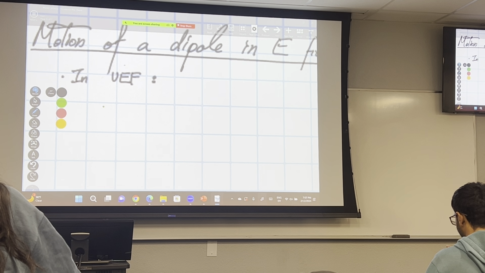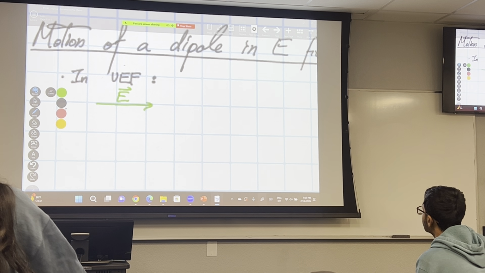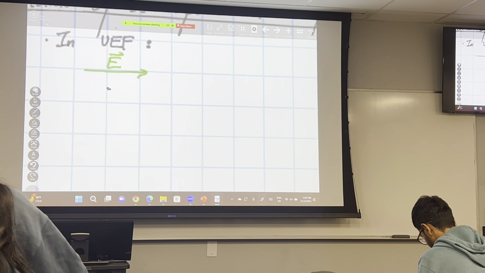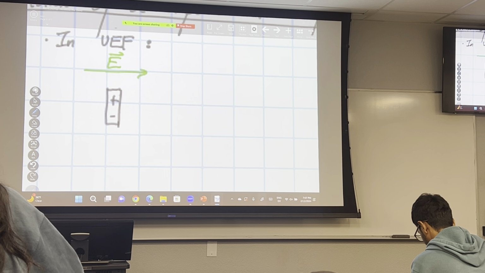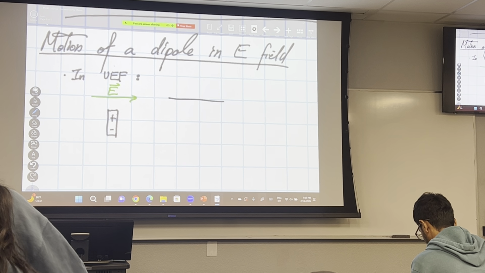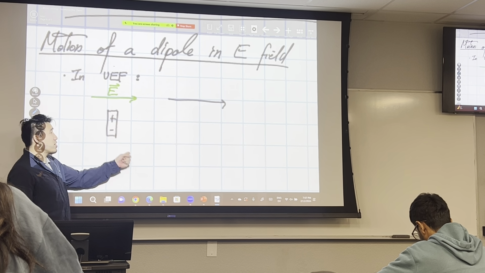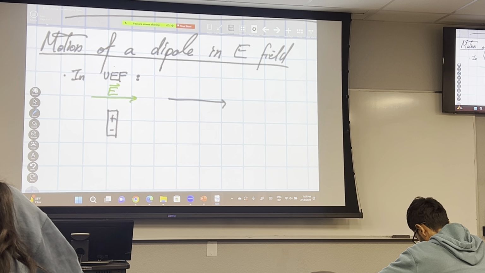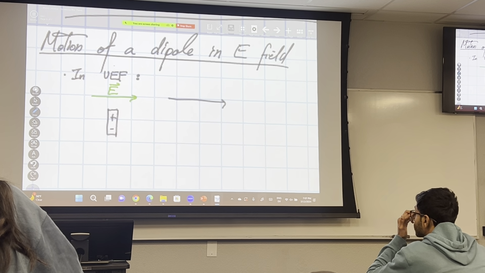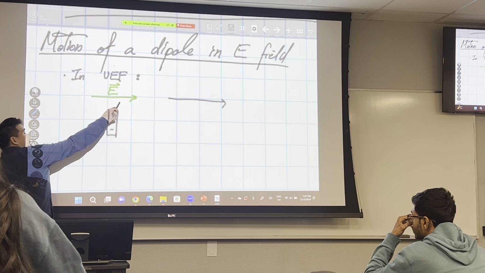So here we have an electric field, let's say it is off to the right. And we put a dipole that looks like this. How do you think this dipole is going to respond in this uniform electric field? Who thinks it will move with the electric field?